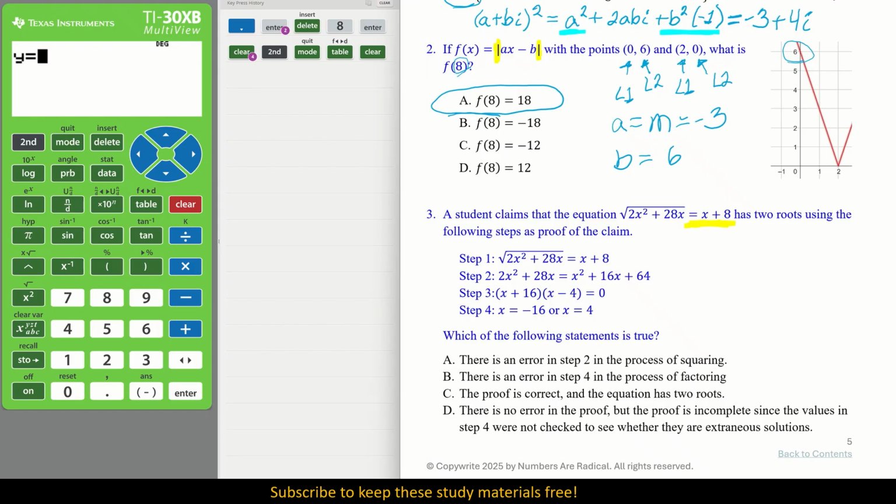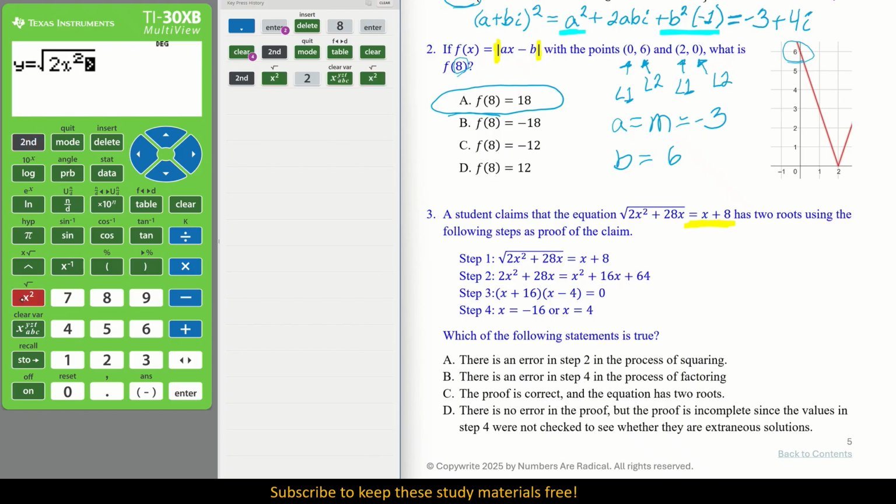Okay, so this is what we're going to do. Second, radical 2x squared plus 28x. Now back all the way out, arrow over, so you're no longer under your radical.